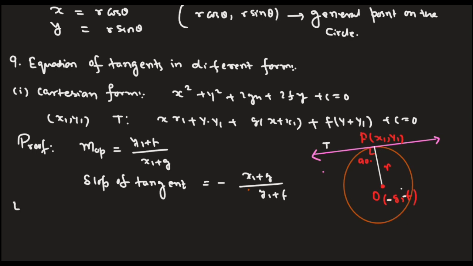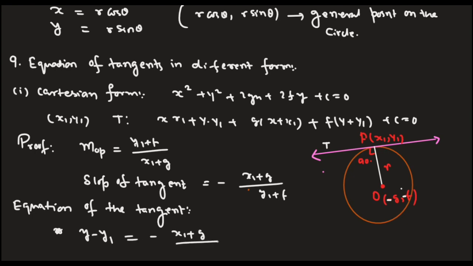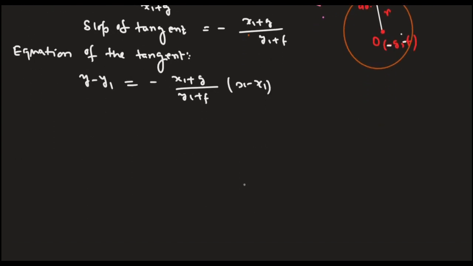Now I am going to calculate the equation of the tangent. It will be y minus y1 is equal to m times (x minus x1), that is, minus (x1 plus g) divided by (y1 plus f), times (x minus x1). Now do the cross multiplication.